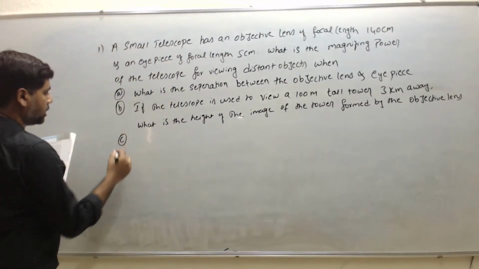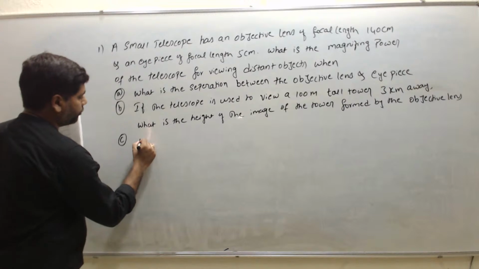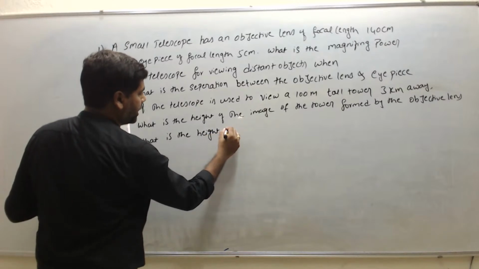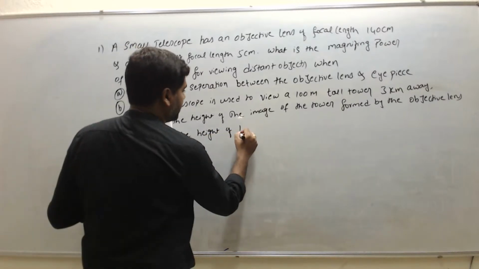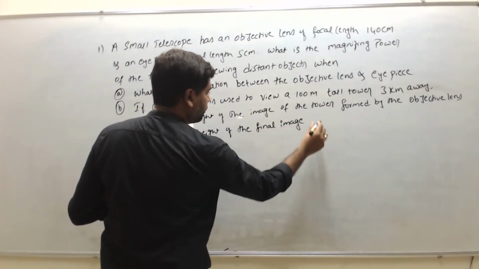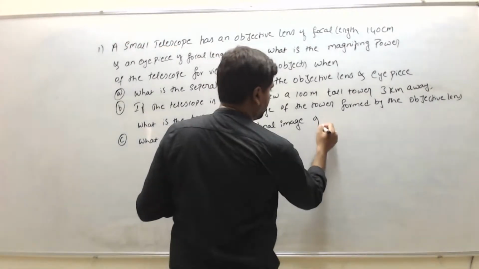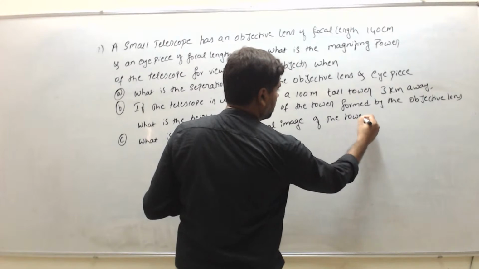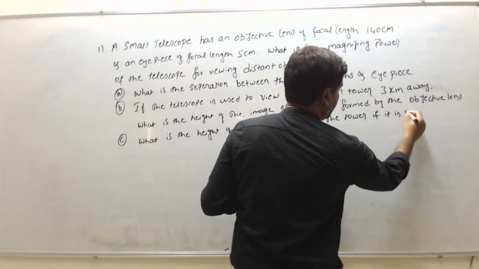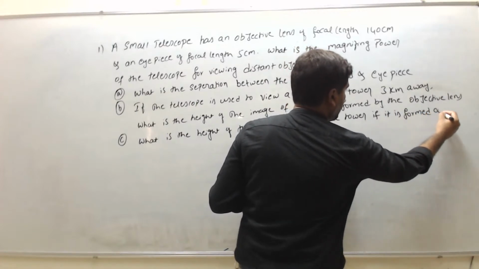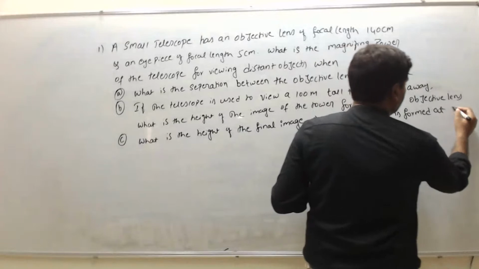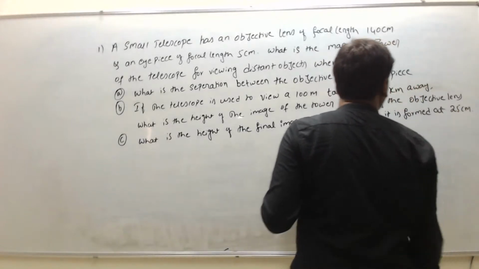Next, the last one: what is the height of the final image of the tower, if it is formed at 25 centimeter?